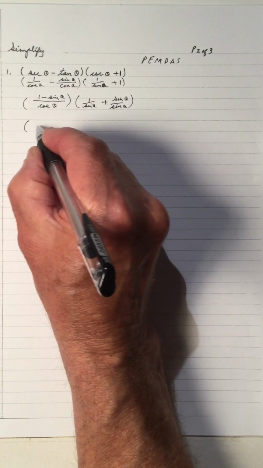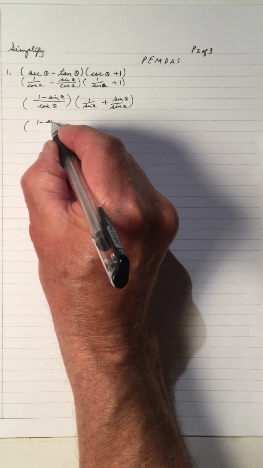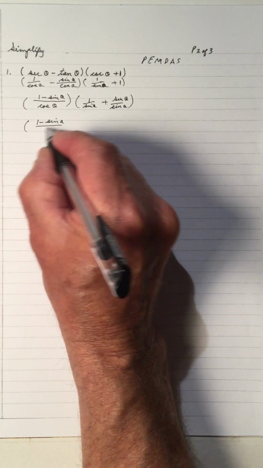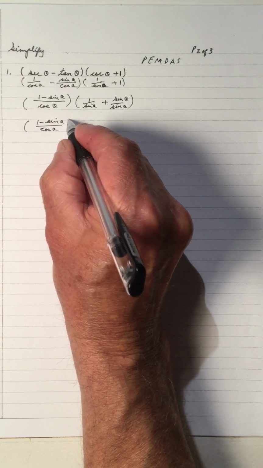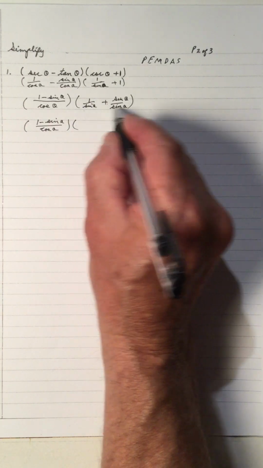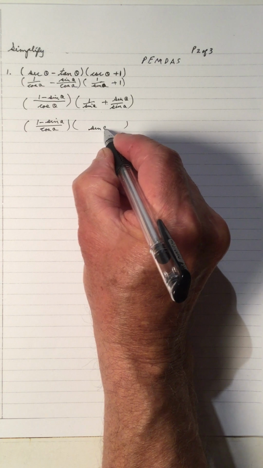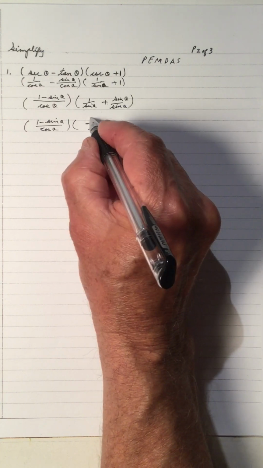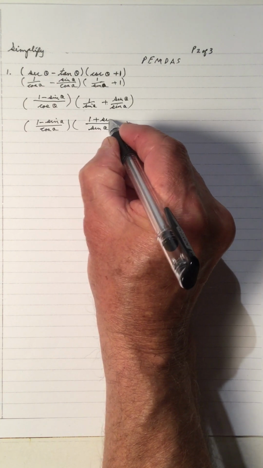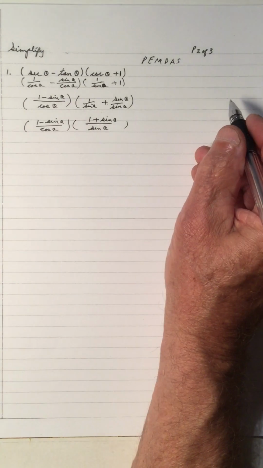This first one is already a fraction, so this is okay. And this second one now has the same denominator as sine, so we add these together. So there they are. We can't combine them because they're not like terms.